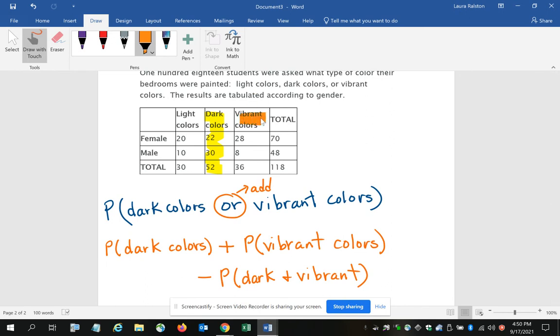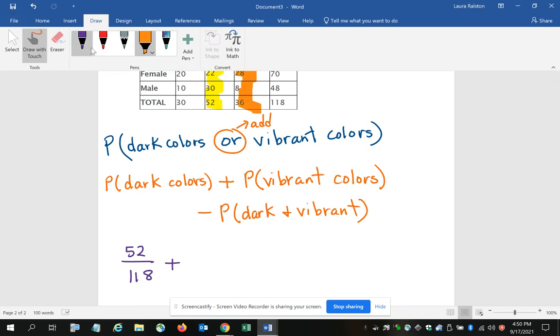Vibrant, we had 36. And if you'll notice, there's no overlap there. So plus 36 out of the 118. There's no overlap, so what I subtract off is really nothing.